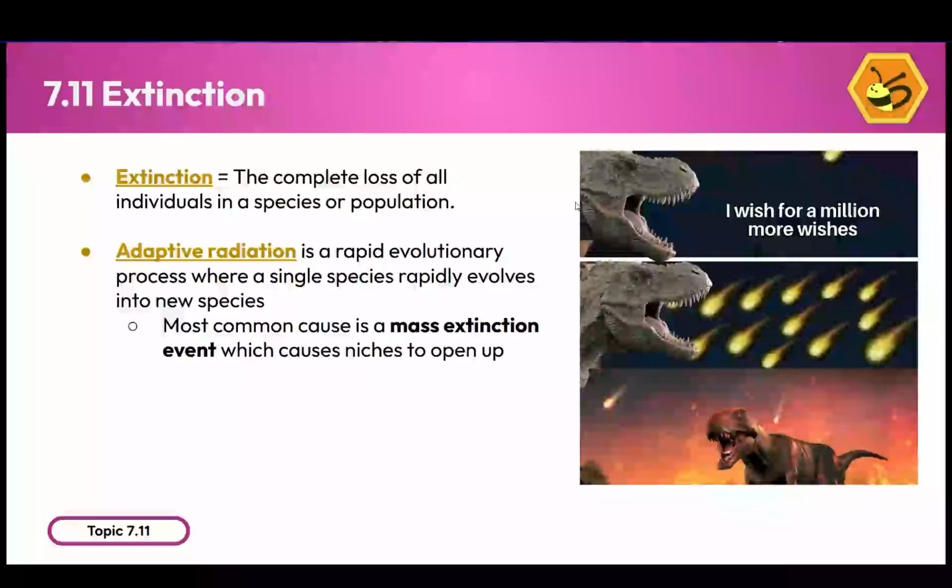As soon as they went extinct, life completely changed because new ecological niches opened up. To recap, niches are essentially different resource sources within an ecosystem. After a mass extinction event, niches open up, which allows adaptive radiation to occur and evolve into multiple different species.